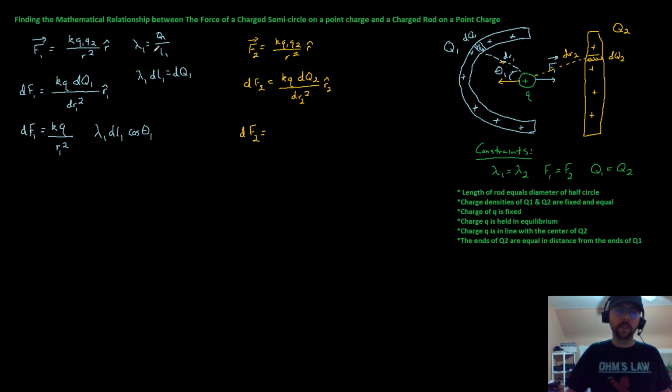The same is true: lambda 2 equals q2 over l2, and then we can simplify to get this, that lambda 2 times dl1 equals dl2 equals dq2. We're going to want to do some other simplifying, but let's go ahead and start to fill in for this equation. So k, does k change as we move down here and add these stacks? No, it does not. So we have k. Does little q change? No, it does not.